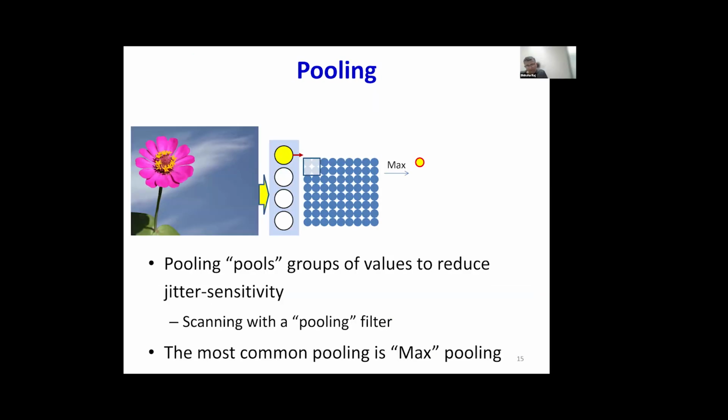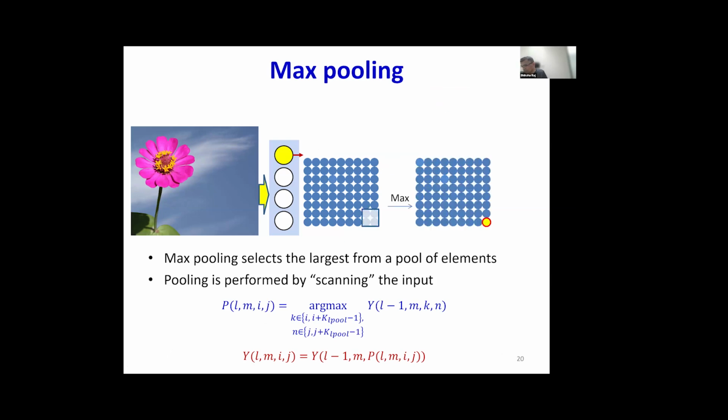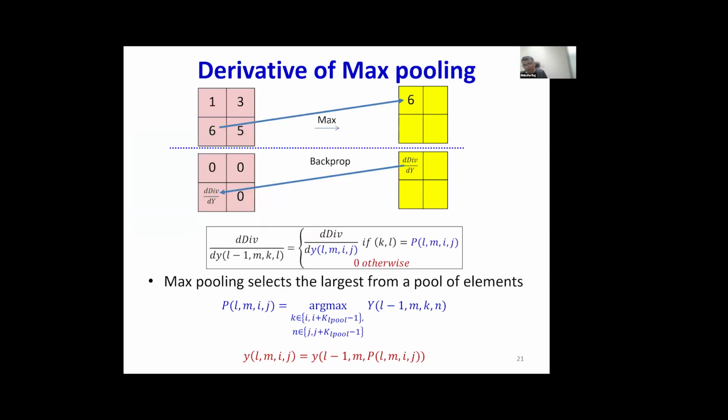So here, max pooling pools groups of values to reduce jitter sensitivity, right? And when you perform max pooling, basically you're just computing the max value over the window. That's what we do through the scan. When we propagated derivatives backward, we know that only the max element was copied over.